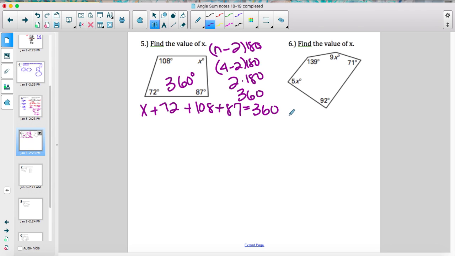So if I was going to solve this equation, I would add together my like terms, 72, 108, and 87. And when I do that, I'm left with x plus 267 equals 360 degrees. One step left, we're going to subtract 267 from both sides, and I've left that with the fact that x must equal 93 degrees to have this be a quadrilateral.